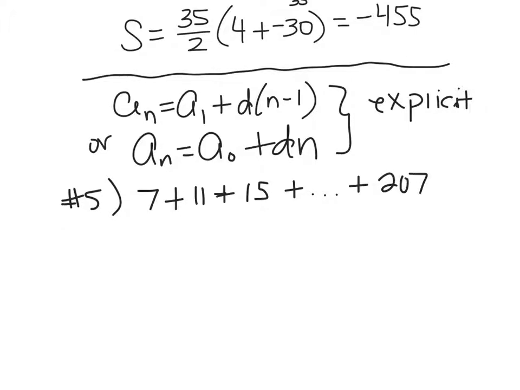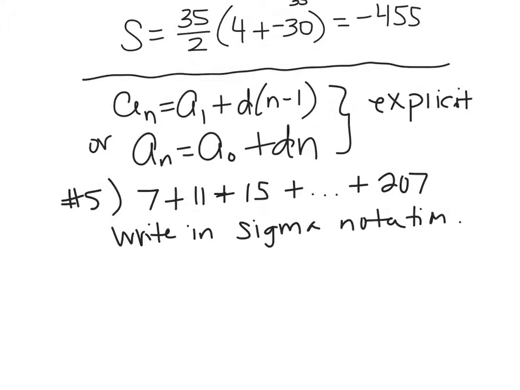I want to write this series in sigma notation, and I'm going to evaluate the sum. Okay, write that down. This right here is a finite series. There's a finite number of terms. We can't see them all because of this ... in the middle. That just means that some of them are missing.